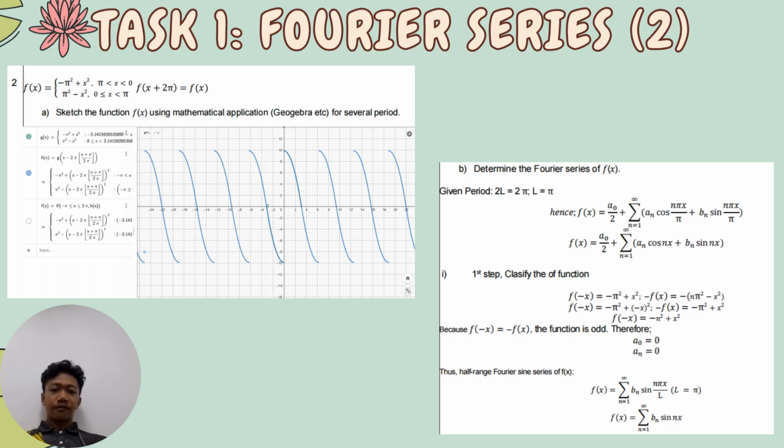Then, the half range Fourier series becomes the Bn series. f(x) equals summation of Bn sin n pi x over L. Because L equals pi, then we get Bn sin nx.